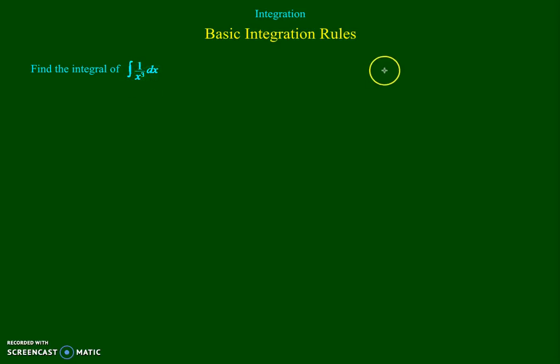So let's go ahead and rewrite this integral. And we're going to bring the exponent to the numerator. So now we can use the power rule to integrate this. And the way we do it is we add 1 to the exponent. So it's x to the negative 2, and we divide by that new exponent.